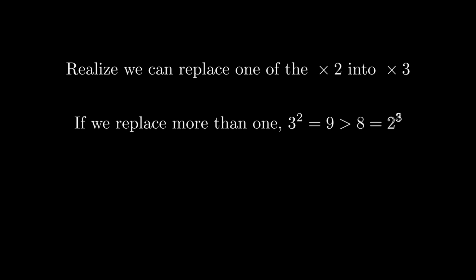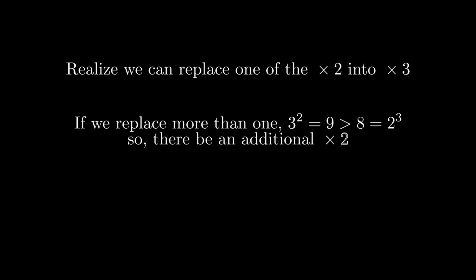Next, realize that this isn't the only way to do this. A multiple doesn't just have to be 2 times the previous number, it could be 3 or 4 times, for example. But realize that we have to either have all of the jumps between the adjacent elements being all 2's, the one we just did, or one times 3 and the rest times 2's. This is because, say there are, for example, two times 3's.